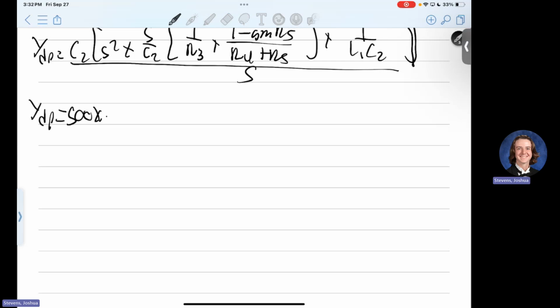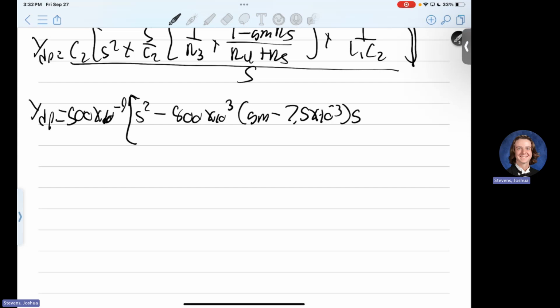500 times 10 to the negative 9, all times, I'll just do this one now, S squared minus 800 times 10 to the third times GM minus 7.5 times 10 to the negative third. That's all multiplied by S, plus 100 times 10 to the ninth.